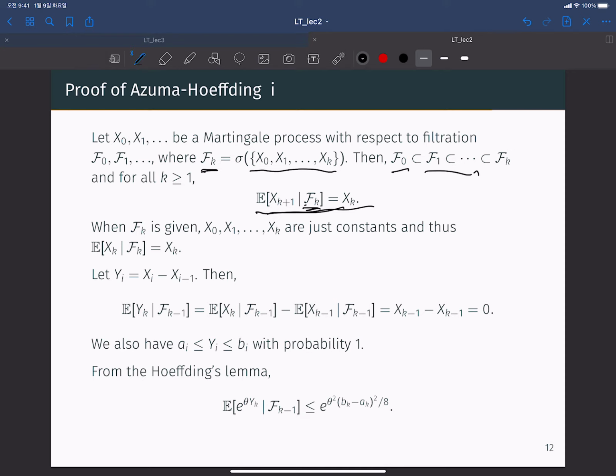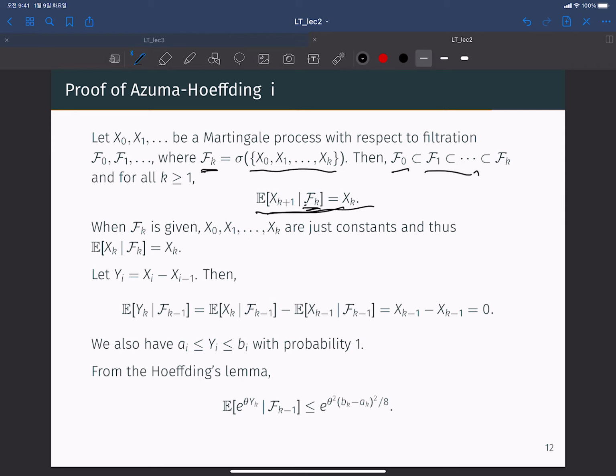So the difference xk plus 1 minus xk is always a mean zero random variable. But the distribution of xk plus 1 minus xk can depend on the past history. That is martingale process.